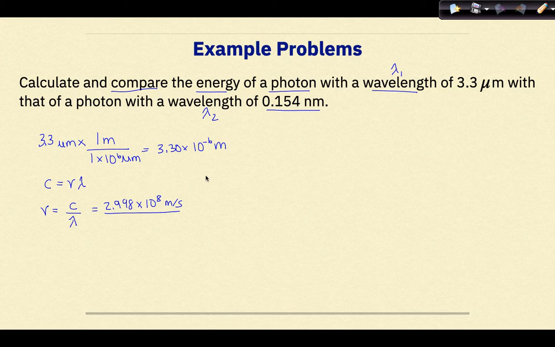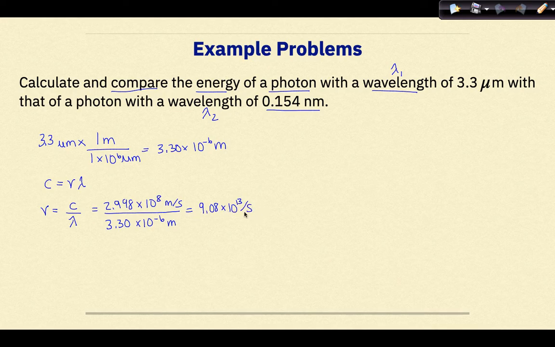And then my wavelength, which I just calculated, is 3.30 times 10 to the negative 6 meters. Meters will cancel out, and I am left with a frequency of 9.08 times 10 to the 13 cycles per second. So that is my frequency.